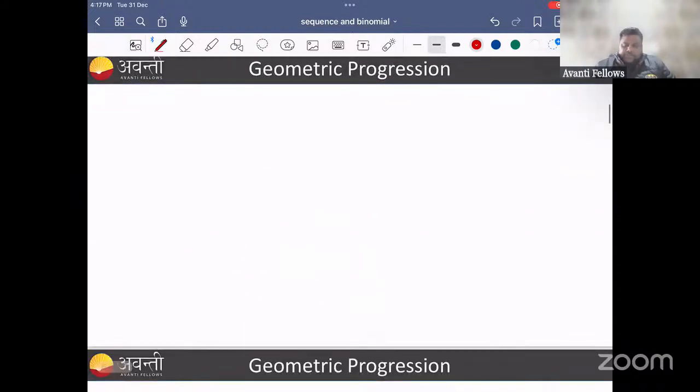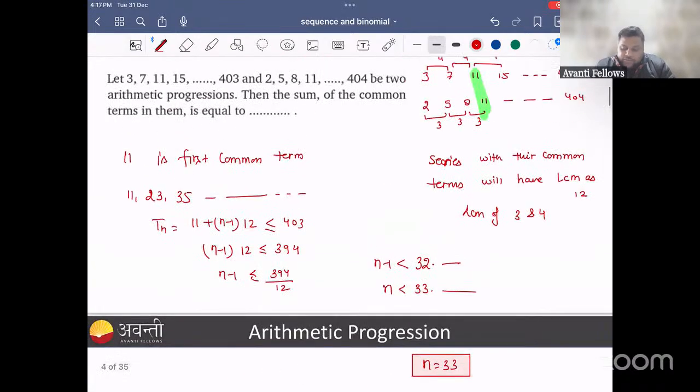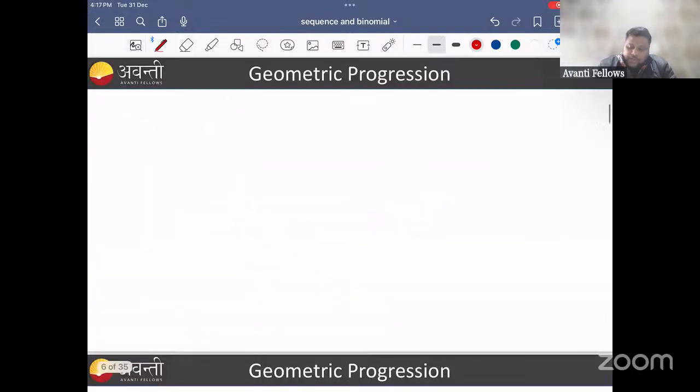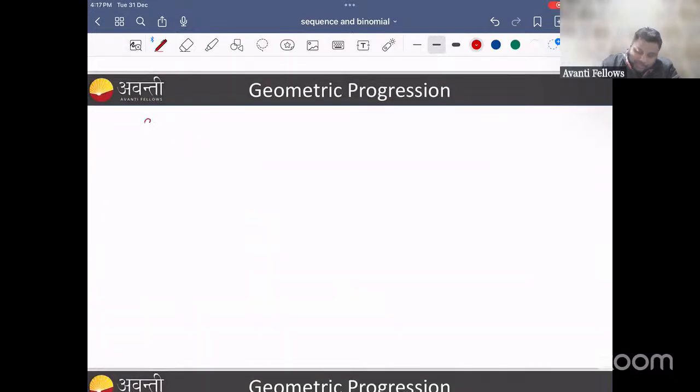Now let us start with geometric progression. See, this is a one shot class, we cannot do everything. But still I'm trying to do a PYQ, which is a very good question, and I also reminded you all the formulas. Now geometric progression, the standard appearance is a, ar, ar square, ar cube and so on.